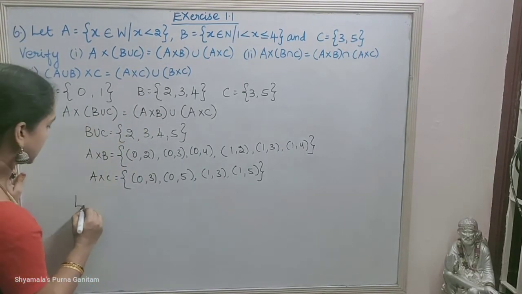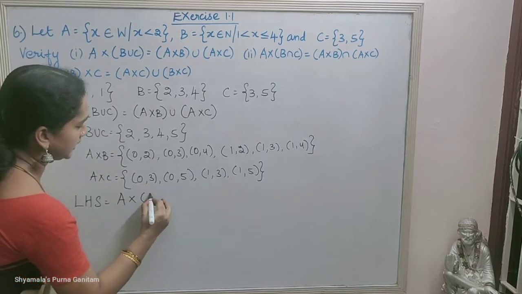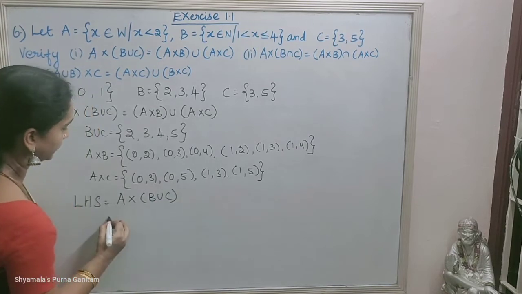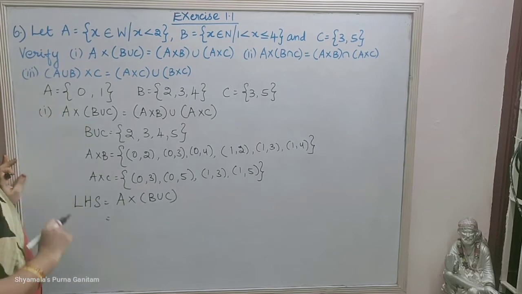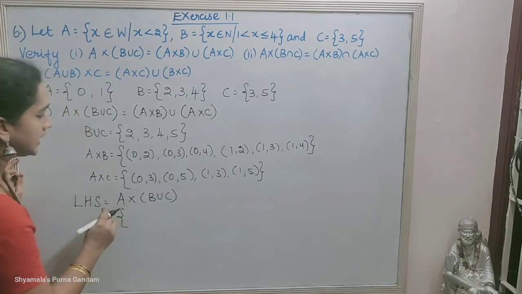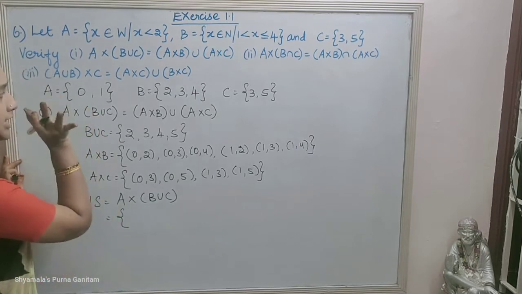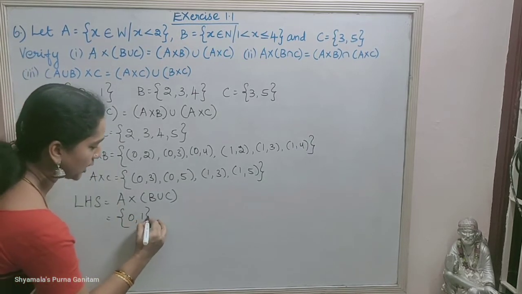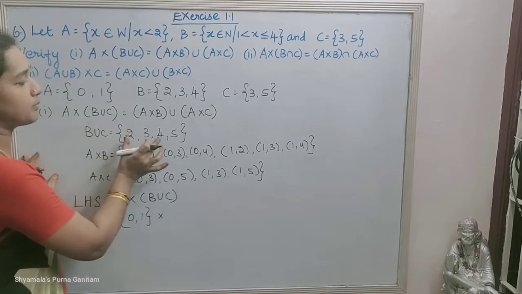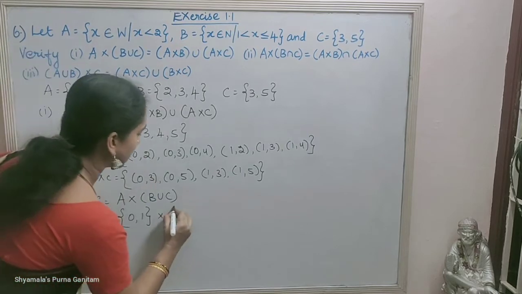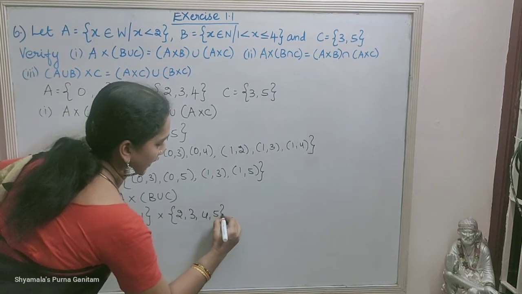Now we will take the LHS, which is A × (B ∪ C). The elements in A are 0, 1, and for B ∪ C we got 2, 3, 4 and 5.